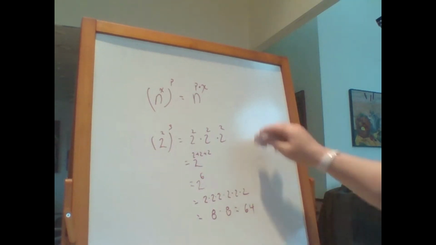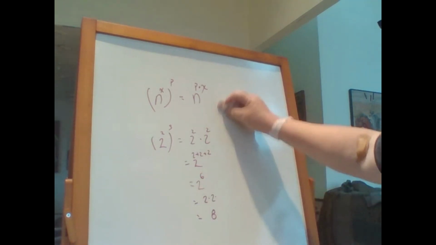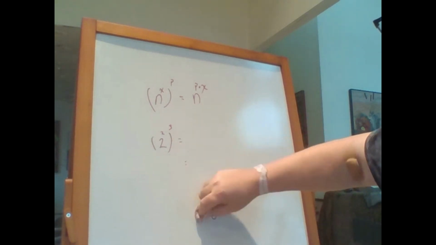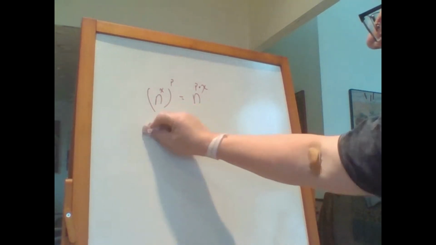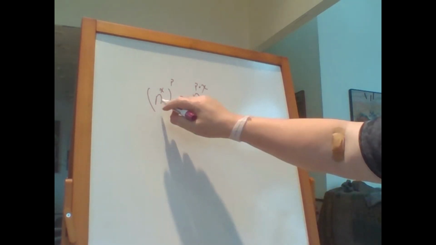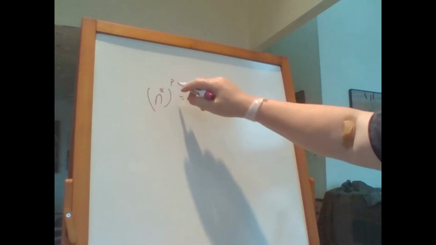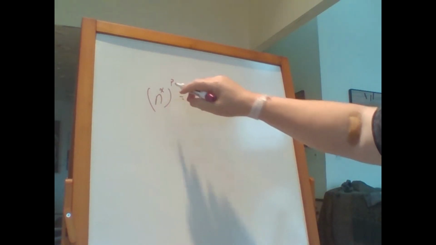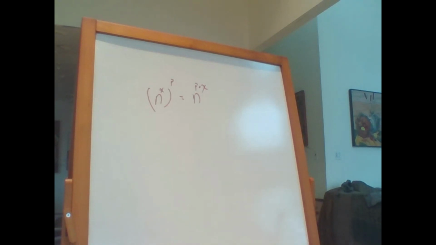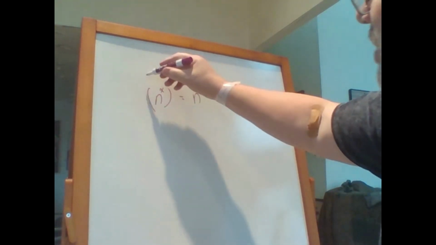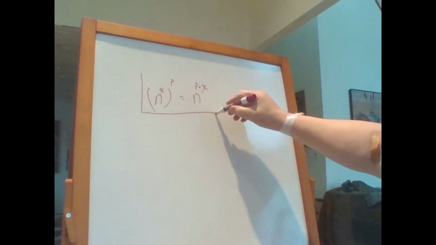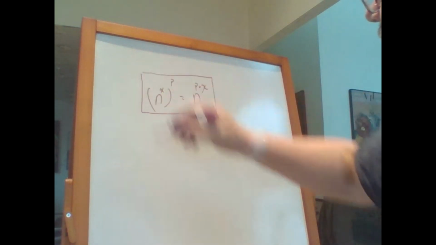So this is another law of exponents. But remember, this is under the circumstance where we have a base that's raised to a power, raised to another power. So we have two laws of exponents now.